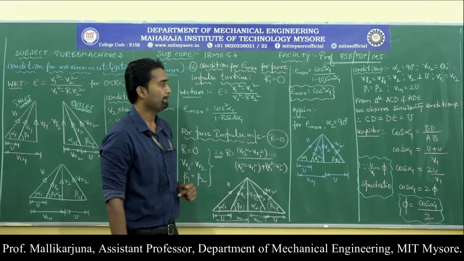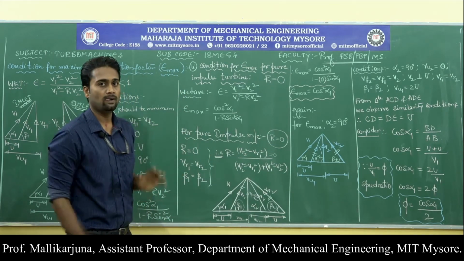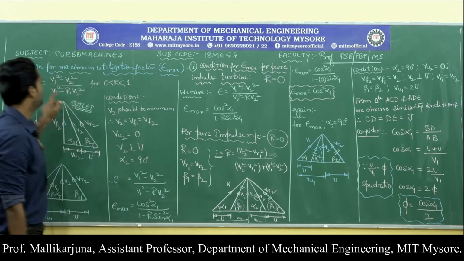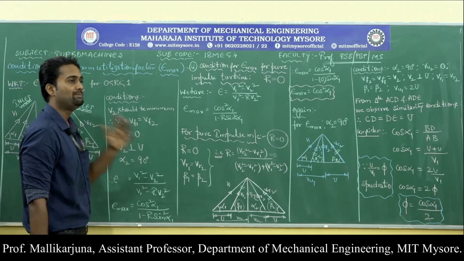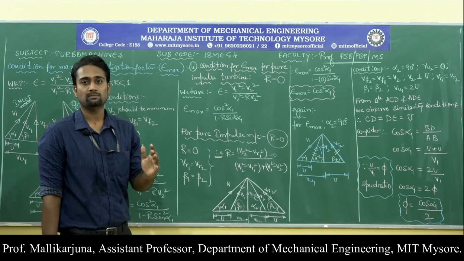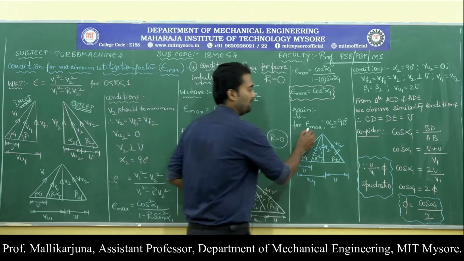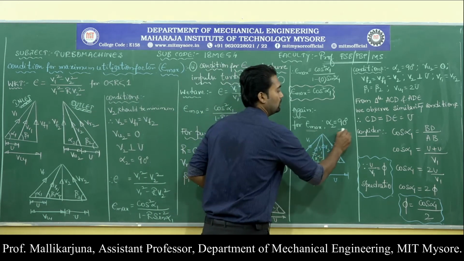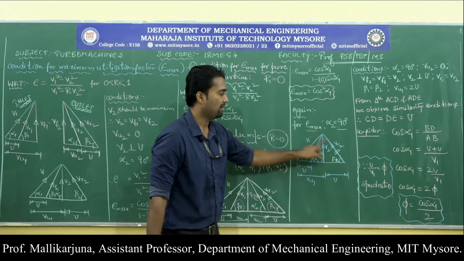Let us look at the maximum condition now, I mean the maximum utilization factor. It is very clear, if utilization factor has to be maximum, V2, which is nothing but the absolute velocity at the outlet, should be as minimum as possible. In the sense, for epsilon max alpha 2 should be equal to 90 degrees. That is what I have done over here.